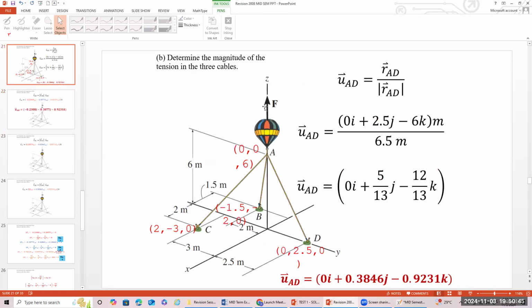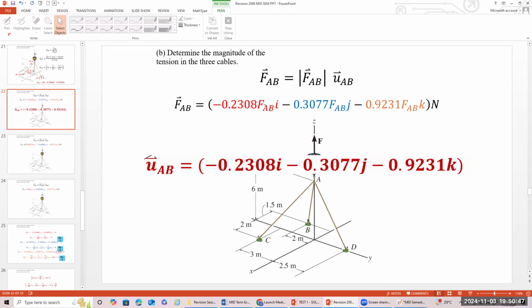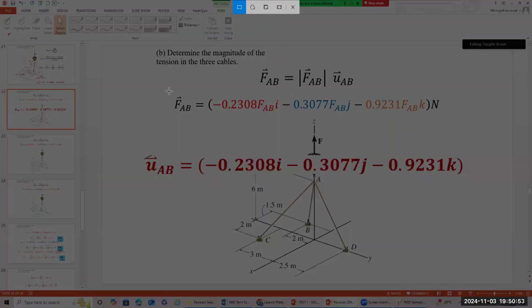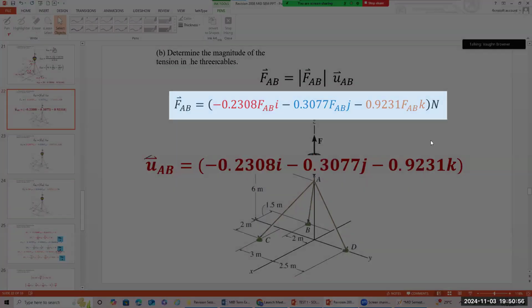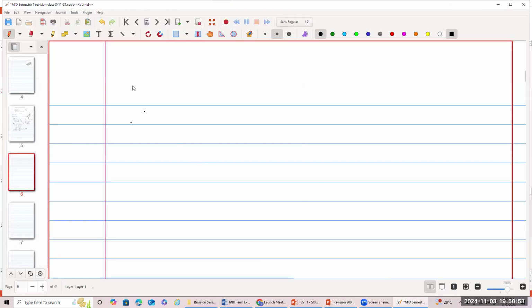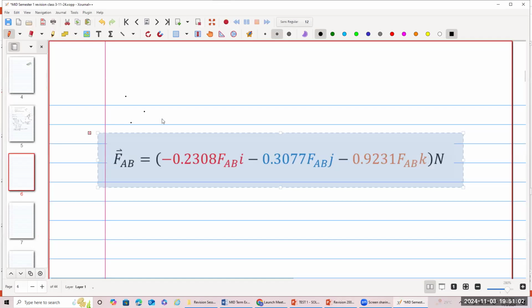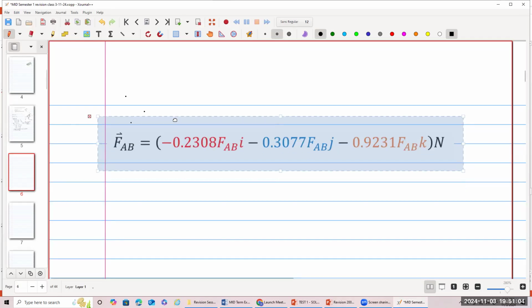Let's look for the forces individually and compare them. So the force is this one. Let's copy it. I'm going to carry them around for clarity. So that's FAB. Put them down there. All right, so that's the first one.